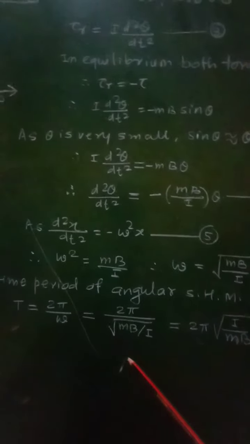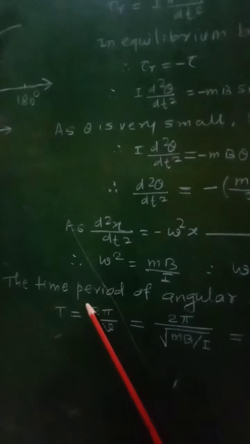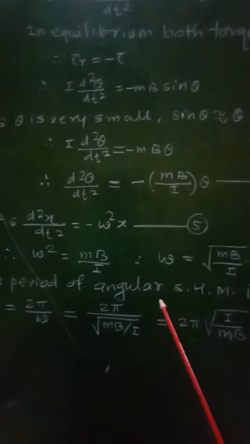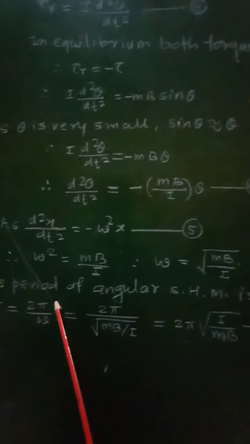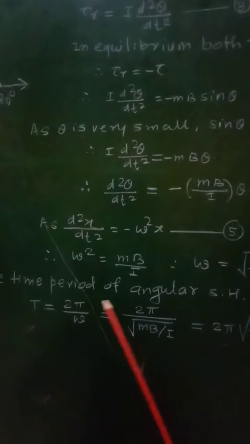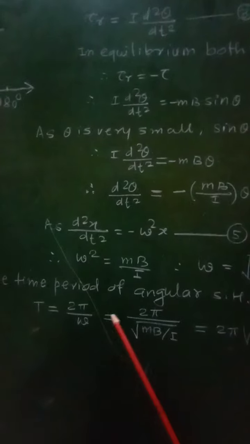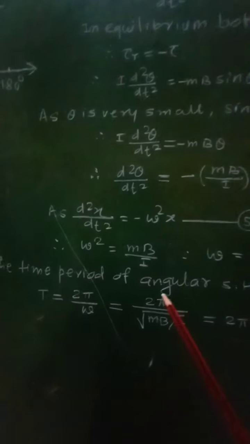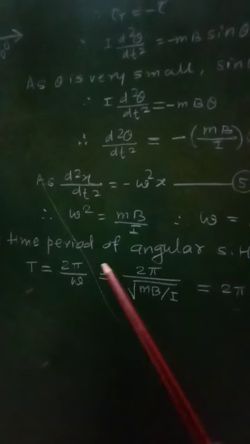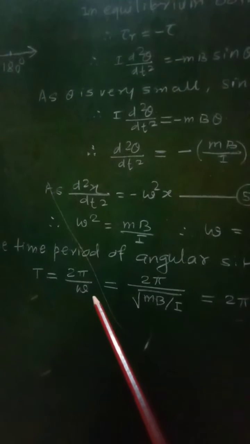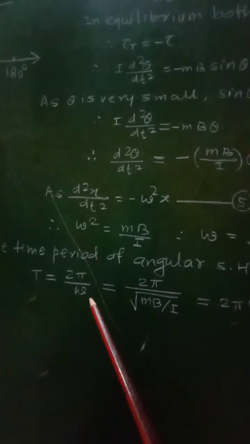Suppose capital T represents the time period of angular SHM, that is, the time taken by the magnet to complete one oscillation or one vibration. For angular SHM we have the relation between angular velocity and period, T is equal to 2 pi by omega.